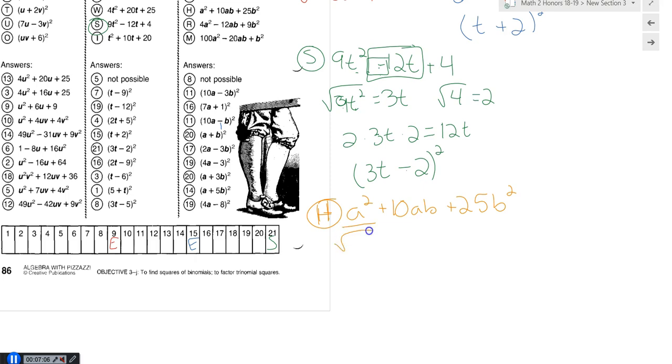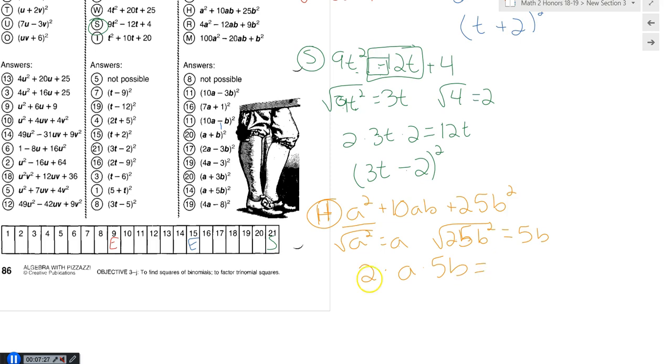So we take our first one, the square root of a squared, the square root of 25 b squared. Again, the square root of 25 is 5. The square root of b squared is b. So then we have to check 2 times a times 5b.